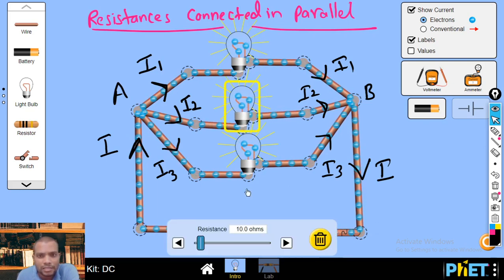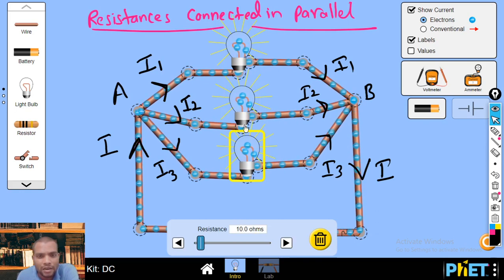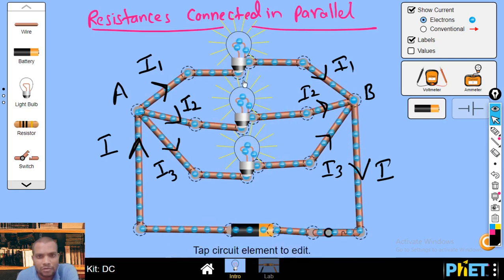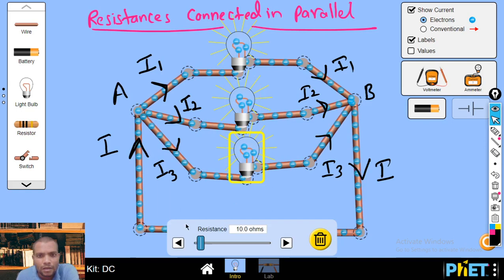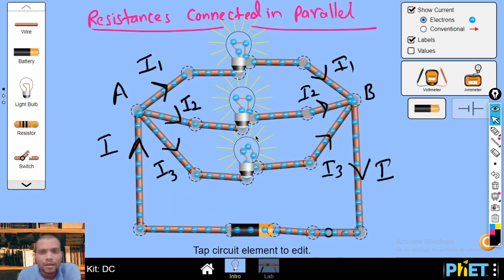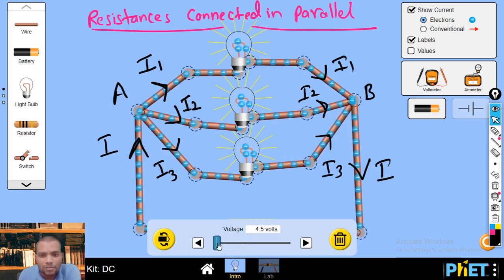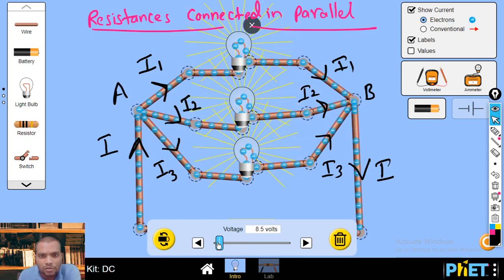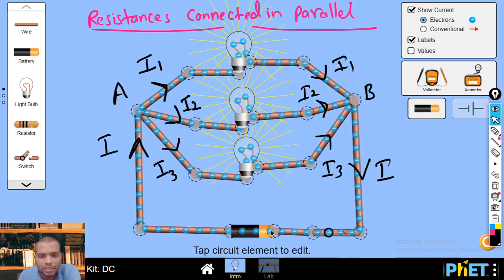Suppose these three bulbs each have a resistance of 10 ohms, 10 ohms, 10 ohms. Now the potential difference, let me take 8 volts, is sufficient, and the same 8 volts is supplied from the source.